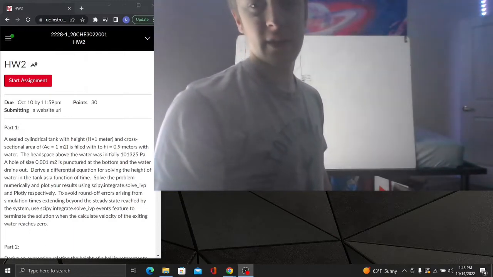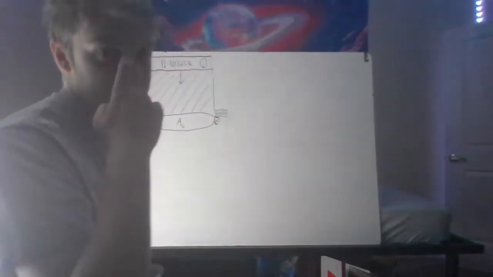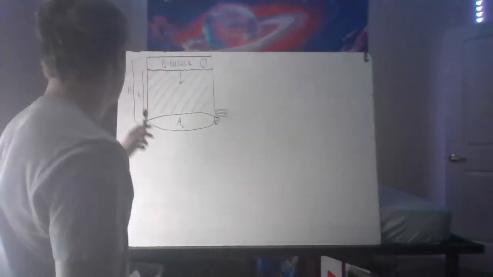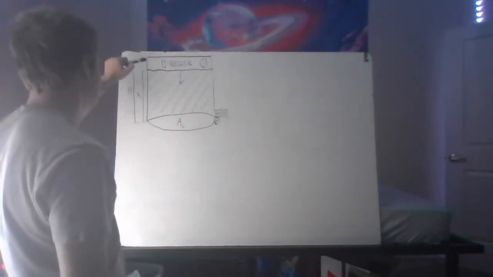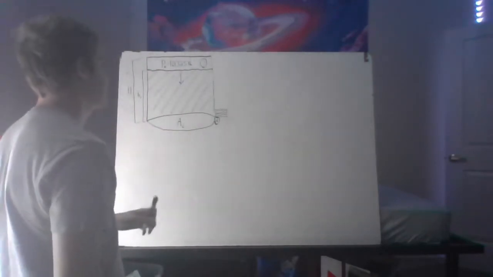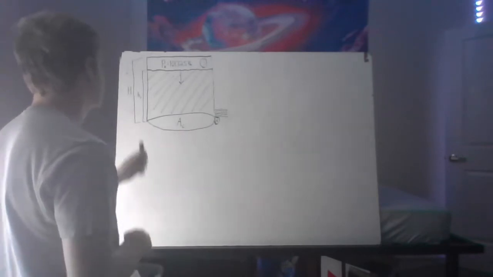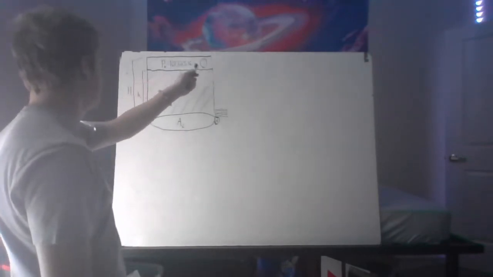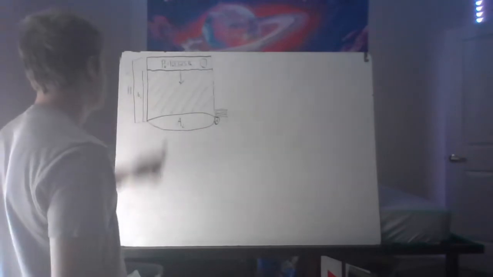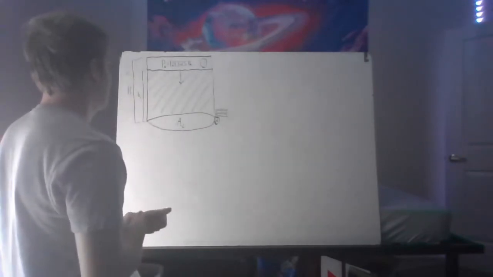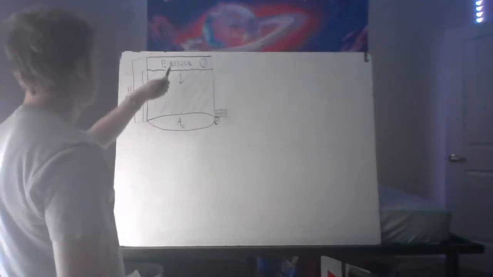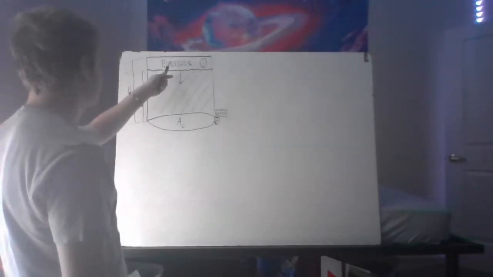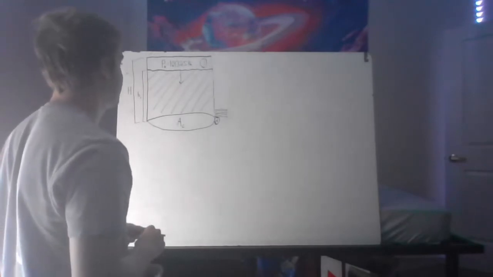As you can see, I have a diagram here of this situation. We have the cylindrical tank, height big H, and cross-sectional area AC. Then we have this liquid at height hi, and the pressure above the liquid of 101,325 pascals.